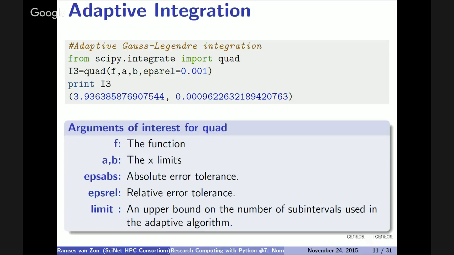So you can ask it to compute this integral up to 10 to the minus 3, relatively speaking. And so it'll do that, and it'll try and go on until the error, the error being determined by one approximation versus the next with an increased number of points, is less than that value. So when I print I3, this time I'm not just printing the value, but also the estimated error. And that error is indeed less than 10 to the minus 3.